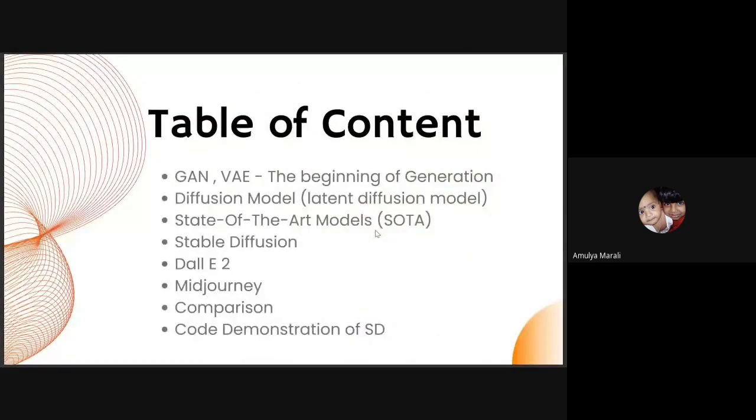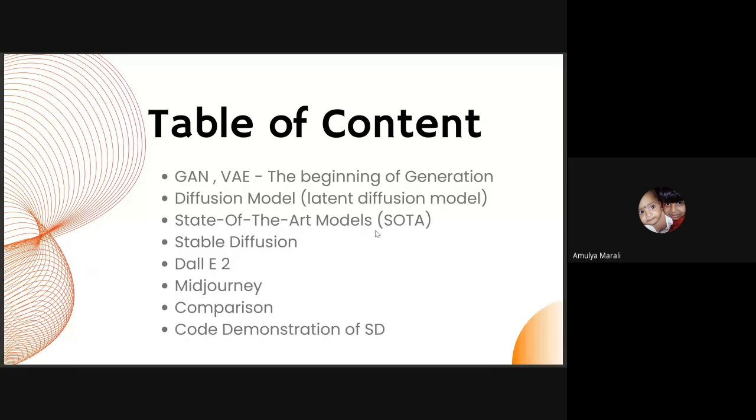So coming to the table of contents for today's webinar, we will first start with GANs and VAEs, which are some of the initial image generation algorithms. Then, due to a few flaws in them, we had to come up with something new, that is the diffusion model. And from the diffusion model, something called the latent diffusion model.